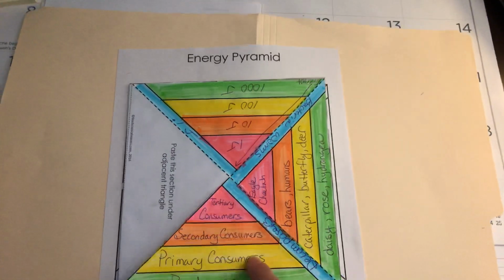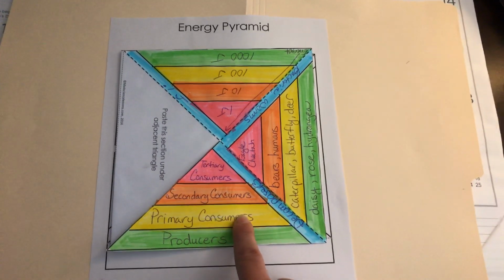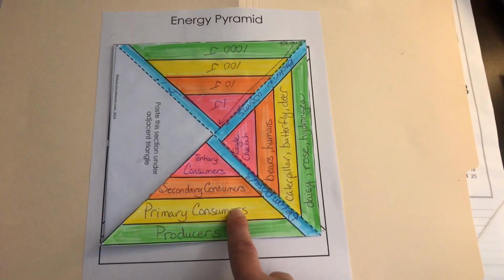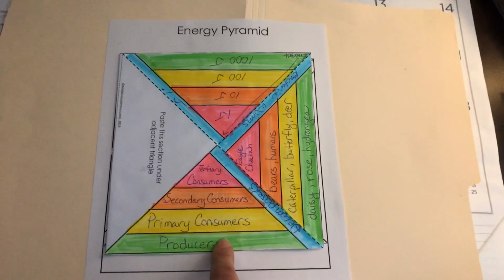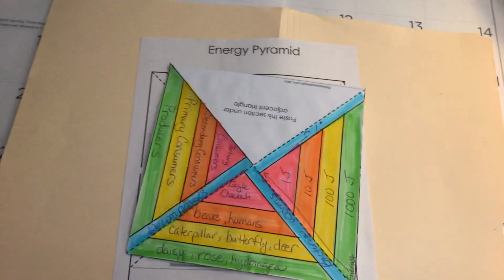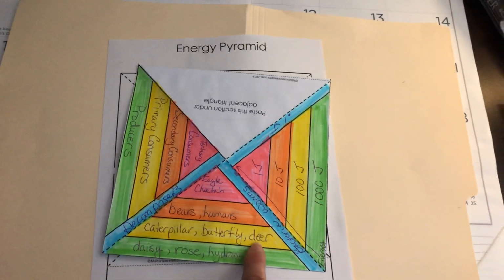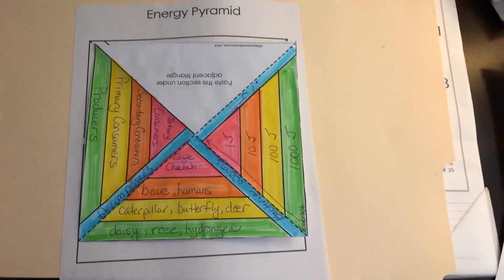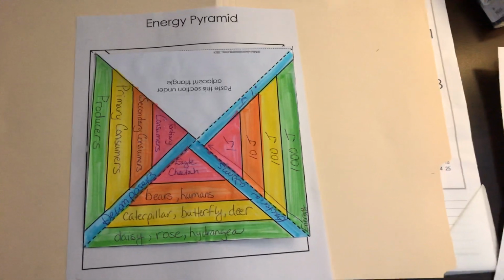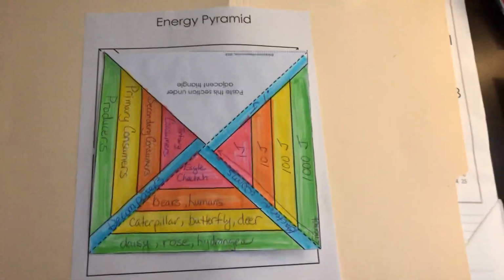So keep going around, and the next level up is going to be primary consumers. What are primary consumers? They're the things that eat producers. So they're things like caterpillars, butterflies, deer. We might have called them on our other paper, another name for them is herbivores. So they only eat plants. They don't eat any other animals.